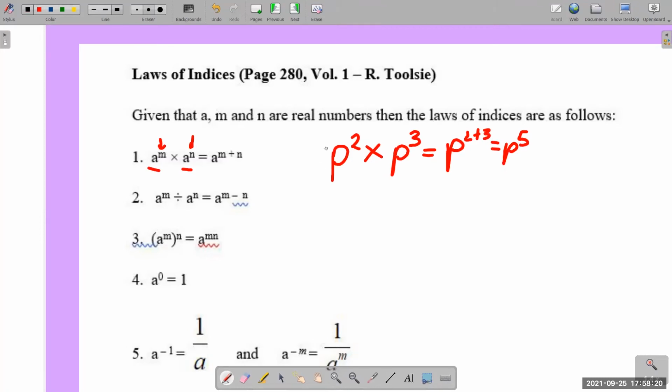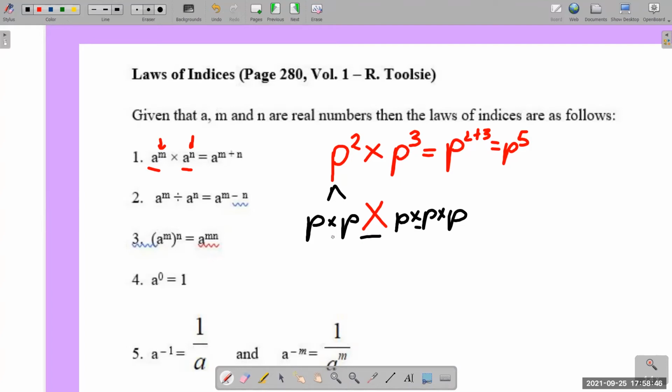Look at the proof. P squared means what? P times P. Everybody agree with that? P squared means P times P, right? Times, what does P to the 3rd power mean? P to the 3rd power means P times P times P. So let's be real, nothing different between this multiplication and these smaller multiplications.